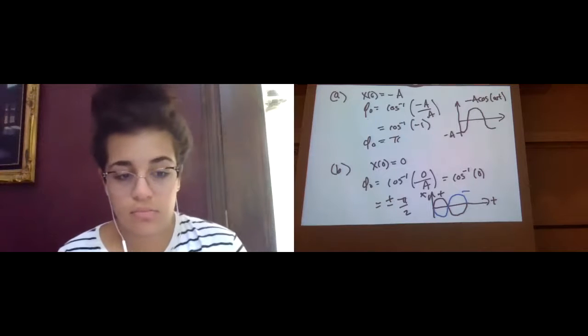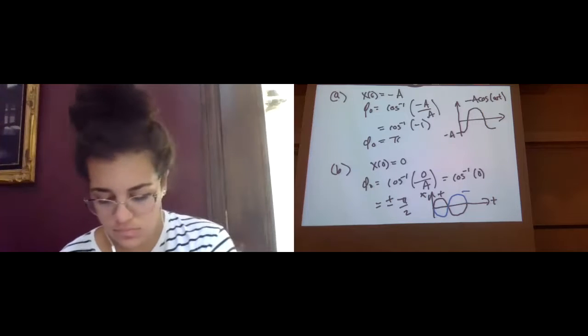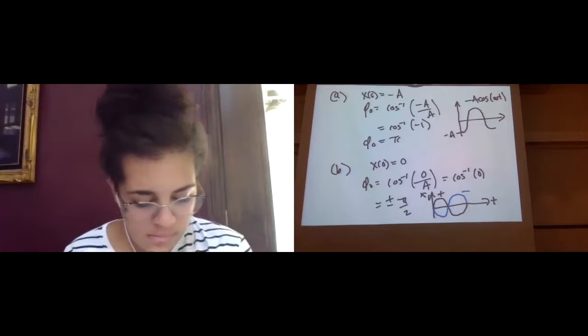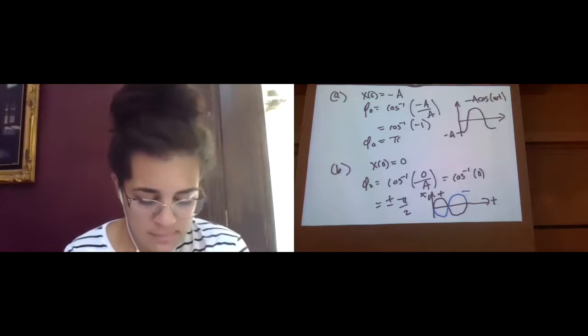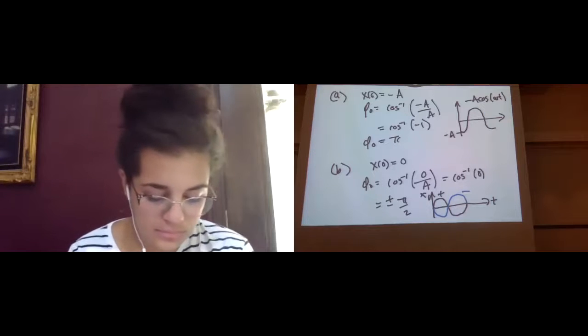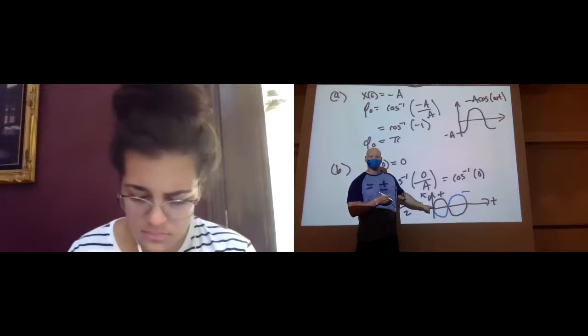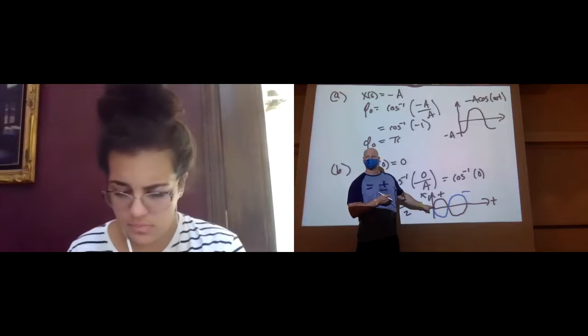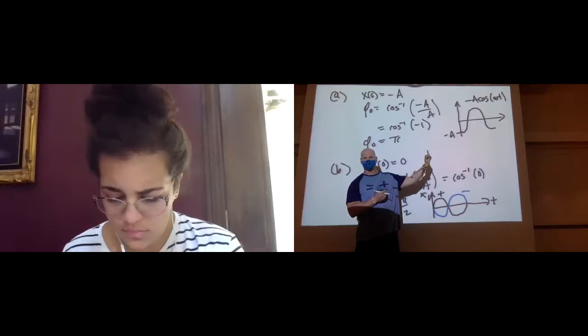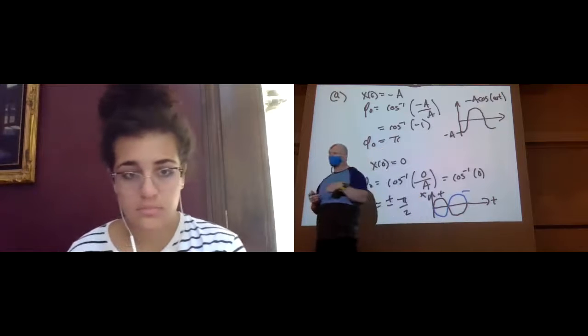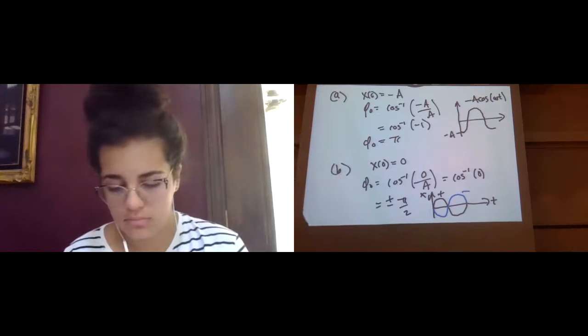If I look at my plot here, both of these two start off at 0. But what's the difference between the +1 and the -1? For the +1, what's the direction that the harmonic oscillator is moving? Upward. For the -1, what's the direction the harmonic oscillator is moving? Downward.